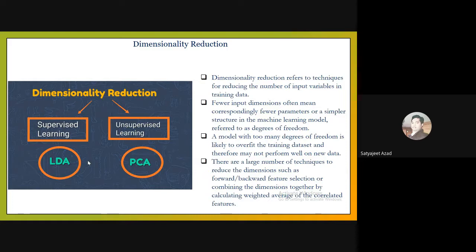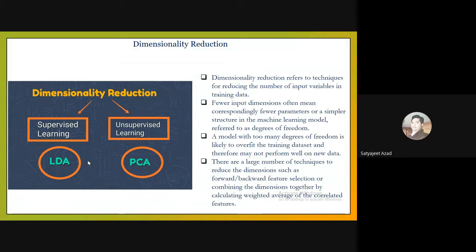That is why dimensionality reduction comes into play in data science. Dimension reduction has two ways to deal with it. One, if your data set is supervised, you will apply linear discriminant analysis. If your data set is unsupervised, you will use principal component analysis, that is PCA. Fewer input dimensions often mean correspondingly fewer parameters or a simpler structure in the machine learning models, referred to as the degrees of freedom.